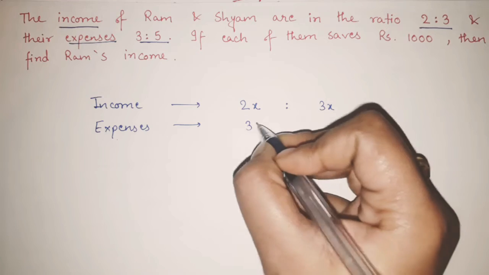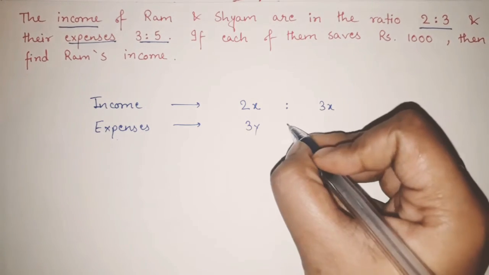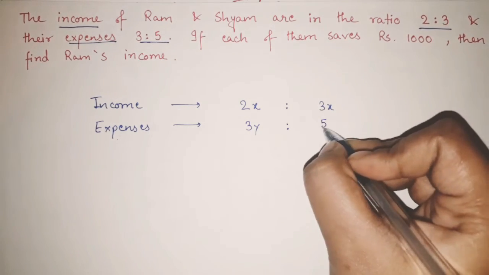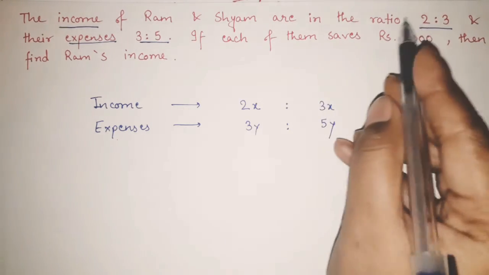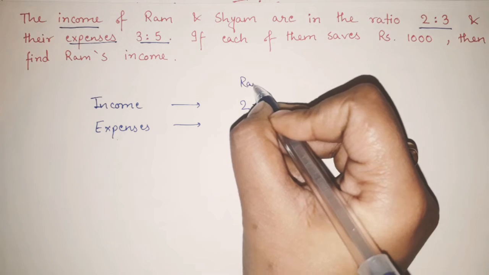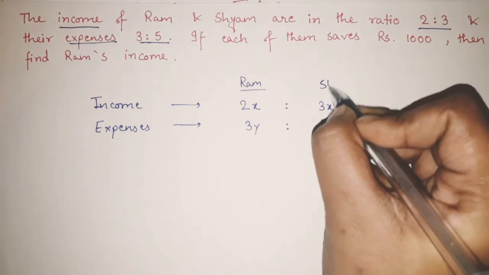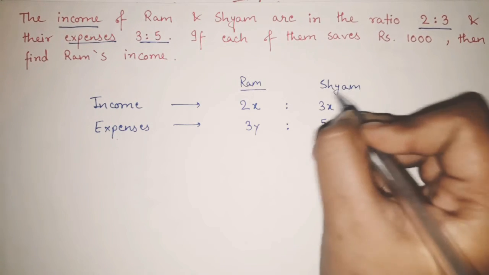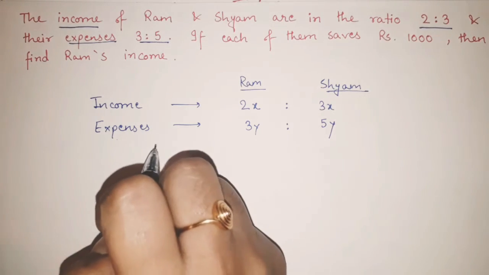So let's say expense is denoted by y, so 3y by 5y. And respectively, they must have given this respectively only. So the first one is for Ram and the second one is for Shyam. Okay, so this is the ratio of income and expenses given.